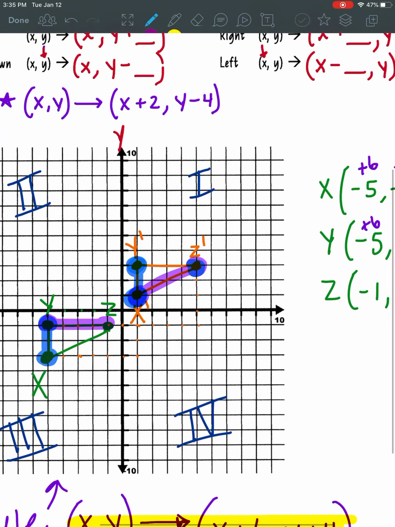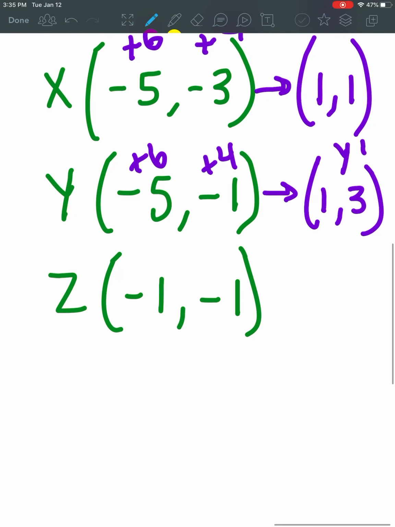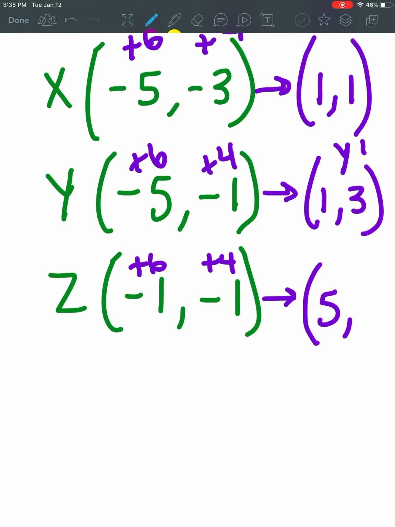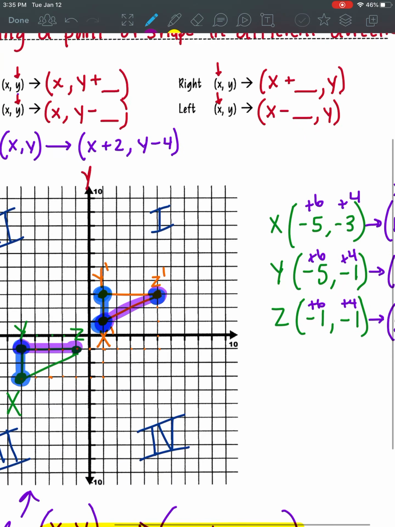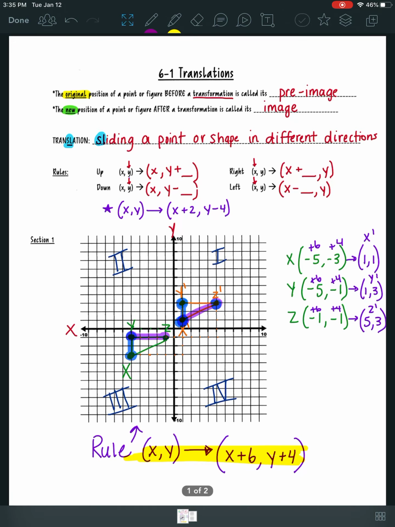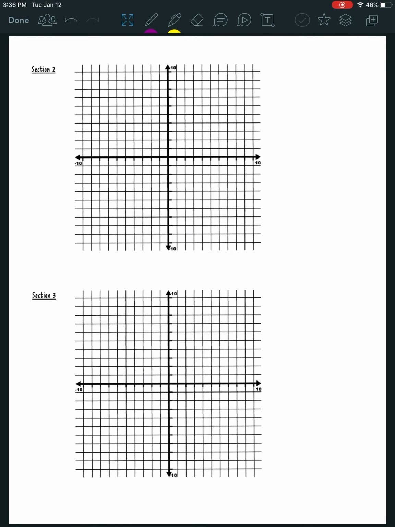And this should be Y prime. Let's double check. 1 comma 3, that's right. And then last one, we do plus 6, plus 4. So we can apply that rule even if we don't have a graph, and we could figure out what those new coordinates would be. So plus 6, plus 4, we'd get 5 comma 3. And that should be Z prime, which it is. Okay, so I did that first section with you.